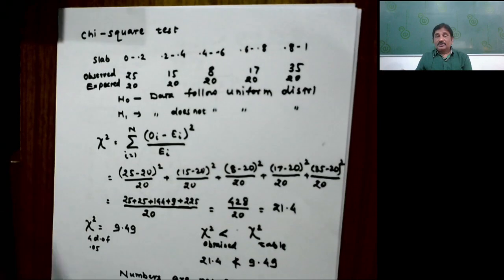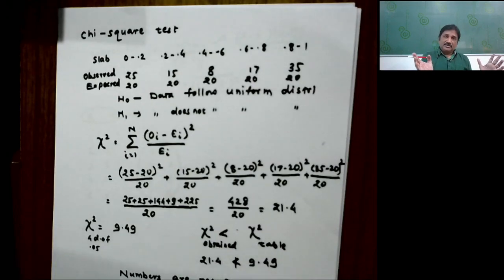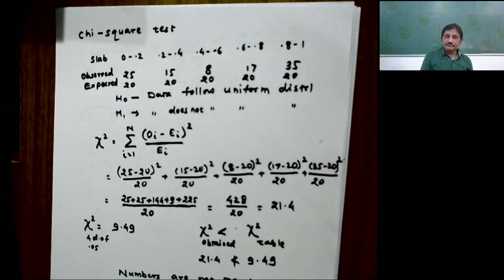It may be possible that you are given a data set of 100 numbers, and you will be counting how many numbers lie between 0 to 0.2, how many lie between 0.2 to 0.4, and so on up till 0.8 to 1, and you get this one, right?